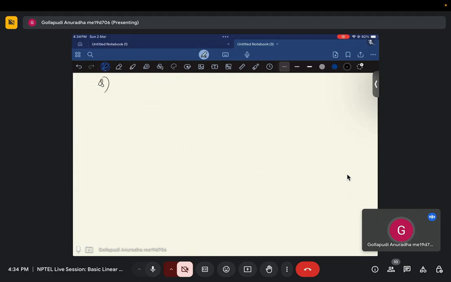Okay. So next question. Are these matrices similar? Yes.